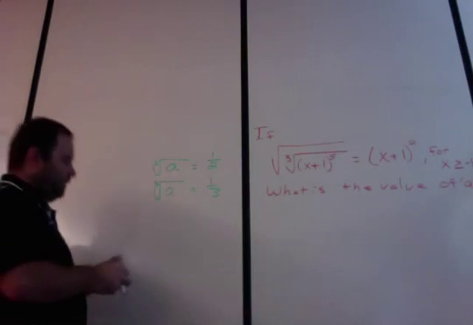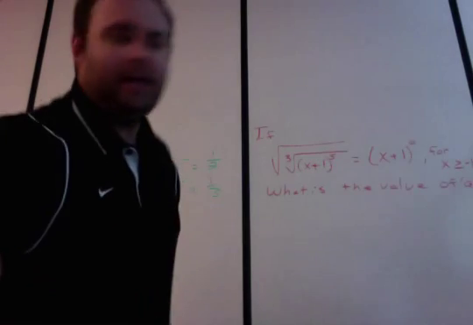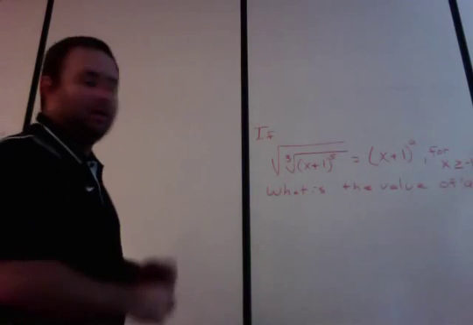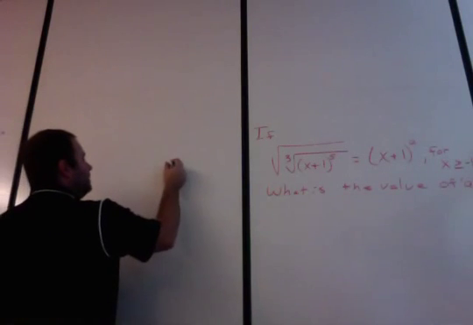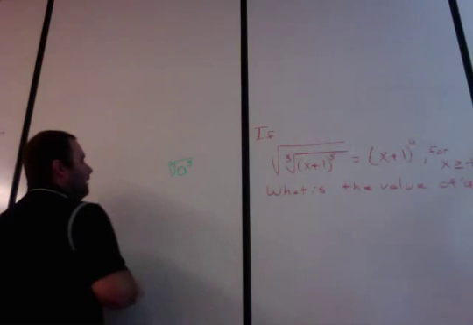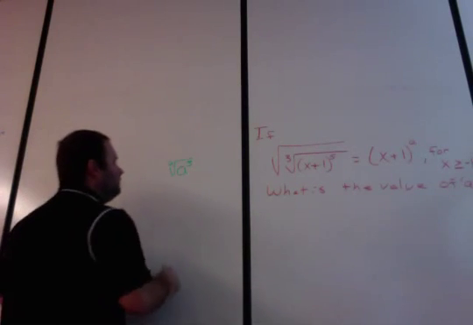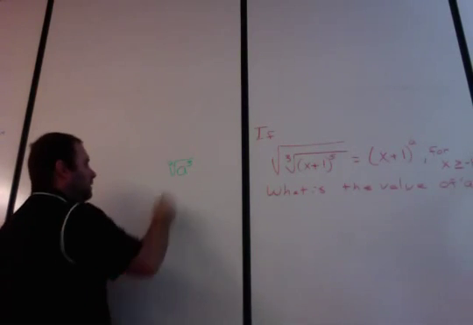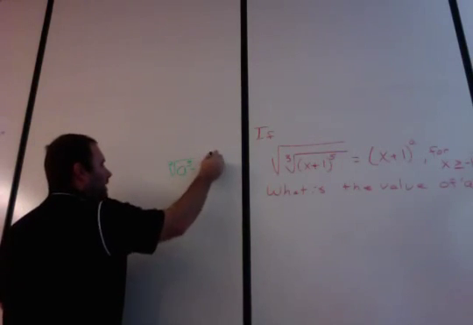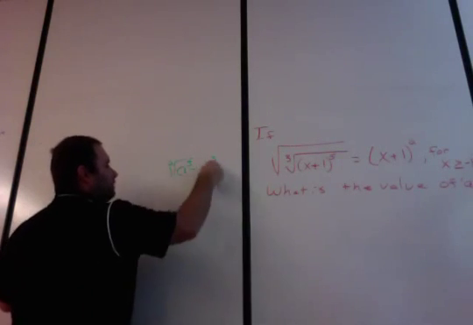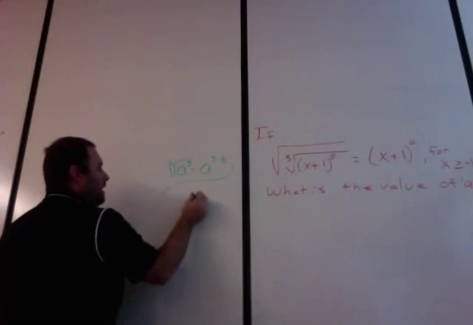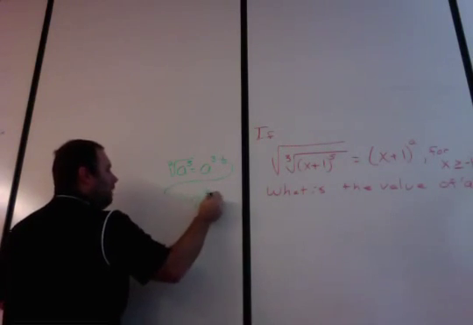Now, let's say we have this. If I have a to the 3rd power and I square root that, well, what does that become? A to the 3rd power times 1/2, well, that equals a to the 3/2 power.